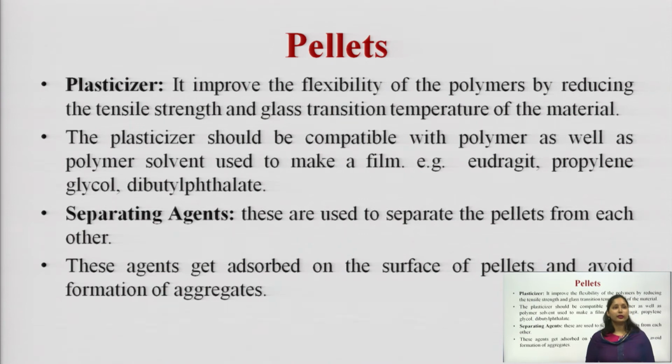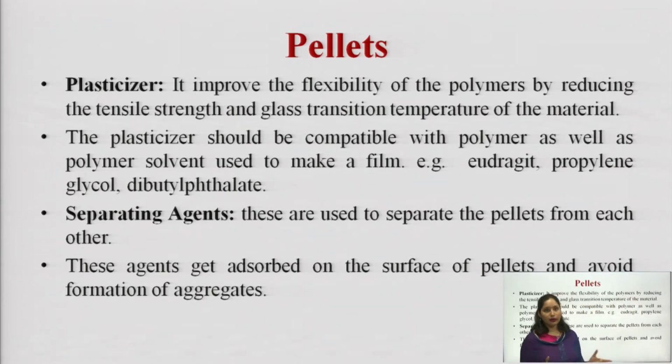The plasticizer should be compatible with the polymer as well as the polymer solvent used to make a film. So, whatever plasticizer we are going to incorporate into the formulation needs to be compatible with the other excipients.